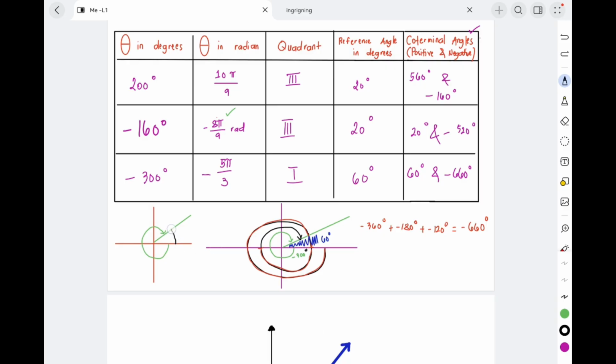So, ari ra tataman kay kung motuyok pa ta diha, pwede ra man siya actually. But the nearest coterminal is from the initial, then stop ta sa terminal. So, as we all know, this is negative 300 degrees. And then, remaining ana is 60 degree angle. So, this part is positive 60 degrees. So, correct ka ra, negative 660 degrees and 60 degree angle for the coterminal angles of negative 300 degrees. And that ends with our explanation to this table.